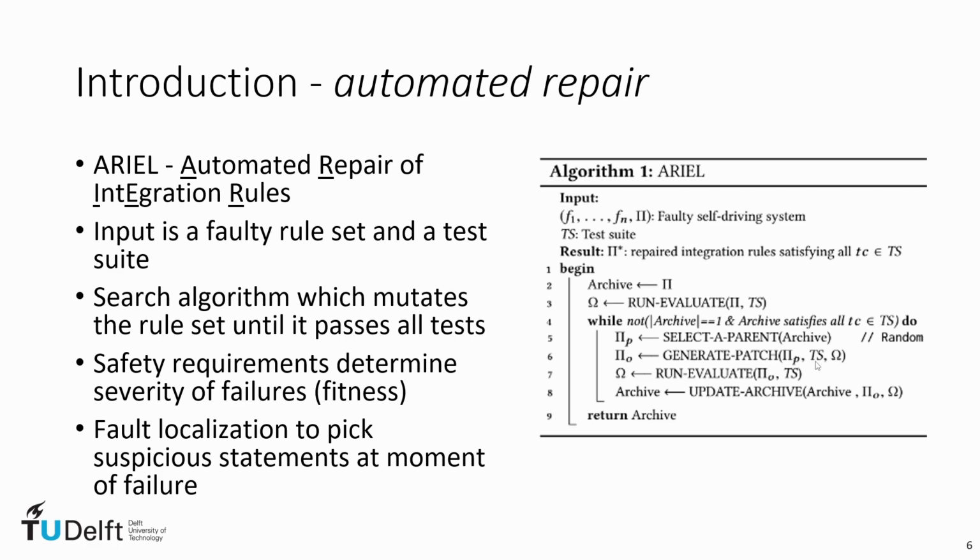It will then generate from this parent rule set a patch, so a mutant rule set. It does this by either modifying the rules or by shifting the rules up or down. It will then evaluate this mutant on the entire test suite. And finally it will update the archive with this mutant and its result. It does this until there is at least one mutant that passes all the test cases in the test suite.